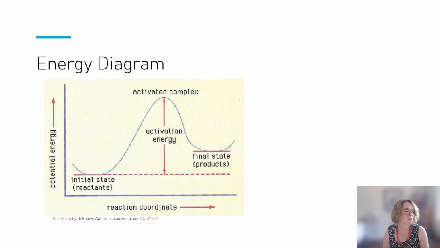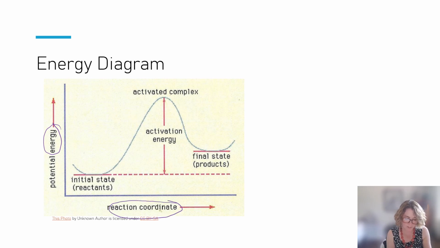The next thing to talk about in our discussion on energy is a thing called an energy diagram. A little bit later, we are going to ask you and have you identify all the different pieces of an energy diagram. First thing I want you to point out is we always have energy on the y-axis.